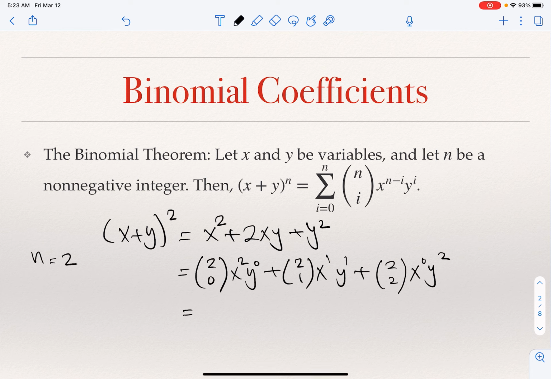If you evaluate this, 2 choose 0 is 1, 2 choose 1 is 2, 2 choose 2 is 1, and we get x squared plus 2xy plus y squared. You can use the same result for (x + y) cubed and so on.